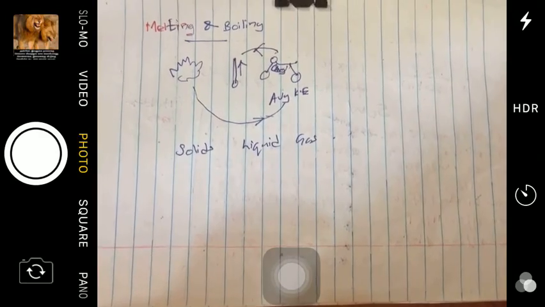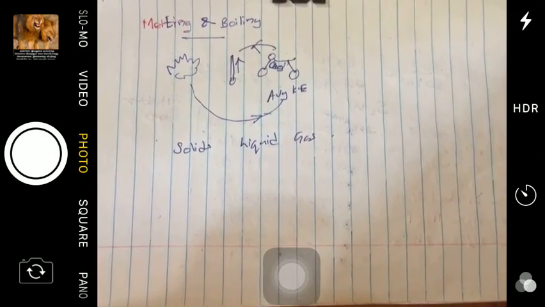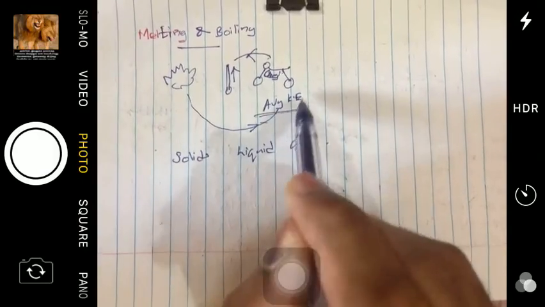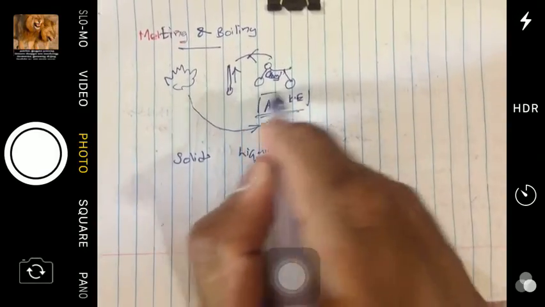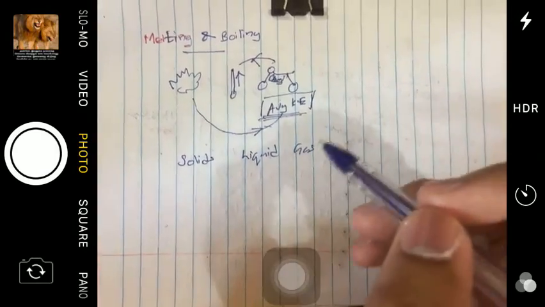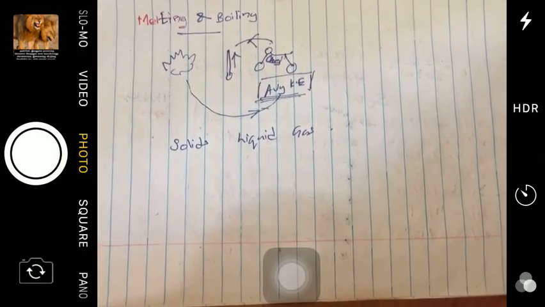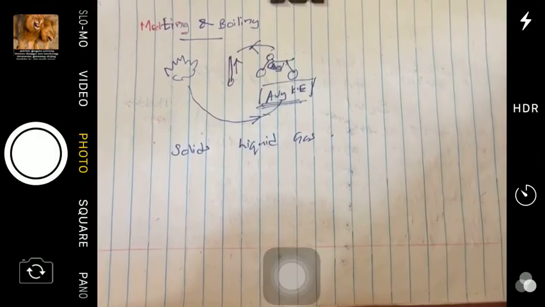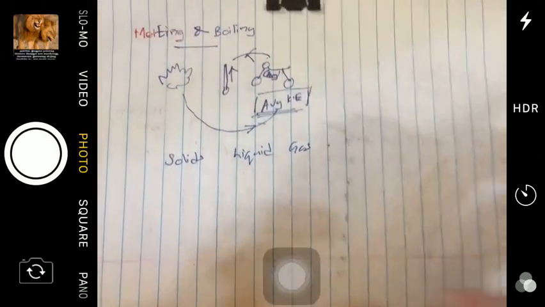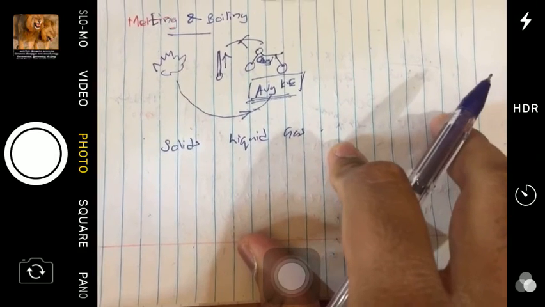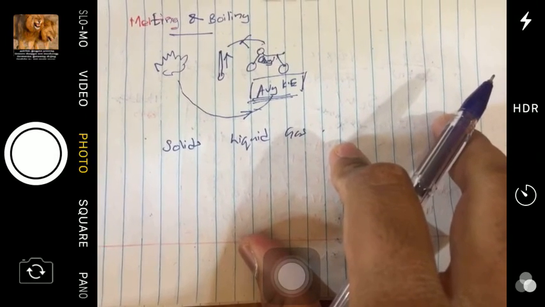When energy is given, yes, first it's going to be used for changing the average kinetic energy of that substance. But there come two turning points in the story of matter where they change state.